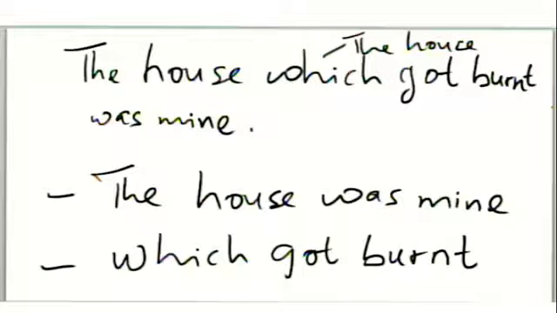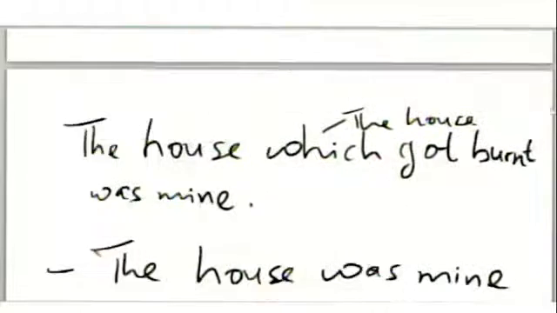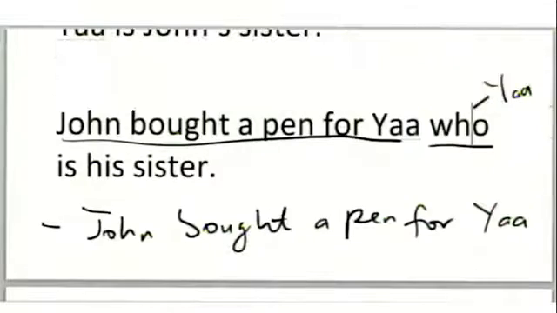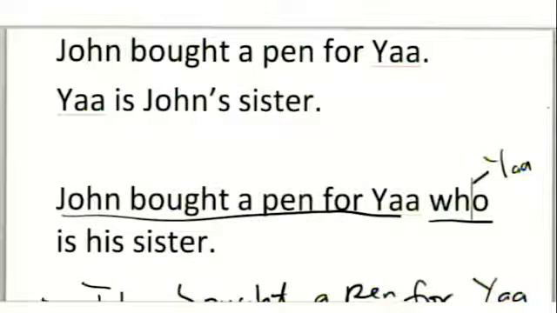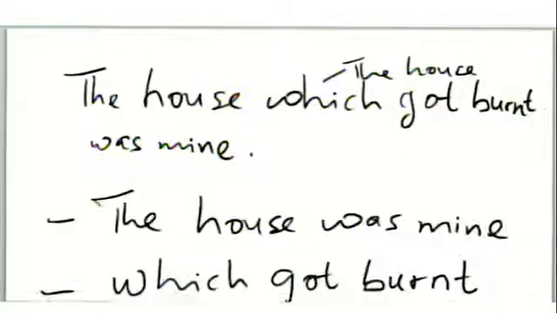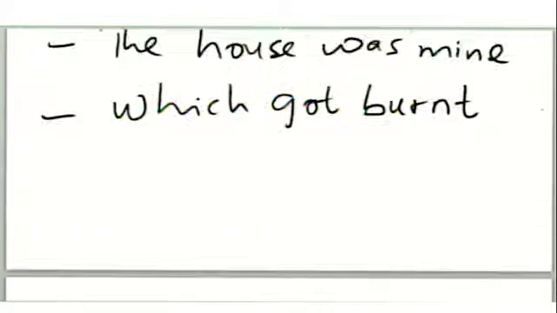So whenever you use relative pronouns and you have a complete sentence, you should know that it contains two clauses. As we saw early on, we had our two sentences. John bought a pen for Ya, and then Ya is John's sister. So all these sentences contain two clauses.